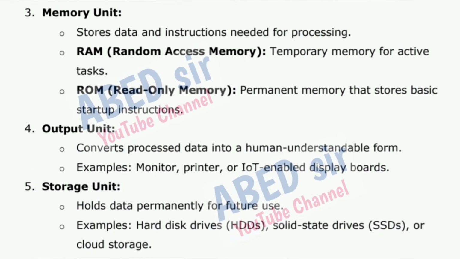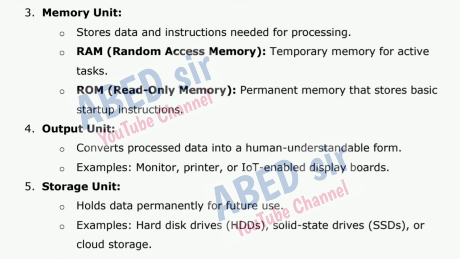3. Memory unit. Stores data and instructions needed for processing. RAM, random access memory, temporary memory for active tasks. ROM, read-only memory, permanent memory that stores basic startup instructions. 4. Output unit.